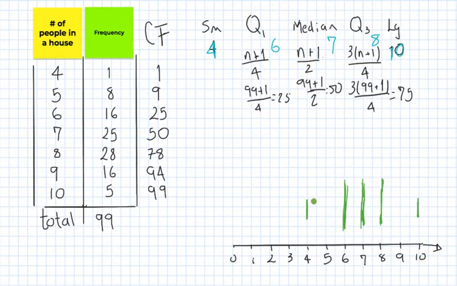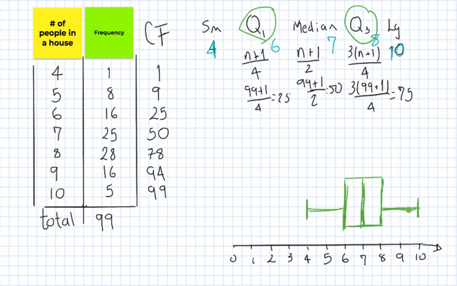Okay, so remember that this is a box, and the box represents the values that have 50% of the data, and those happen between the Q1 and the Q3. So here we're going to close this, right? And what I'm going to do here is just connect this to this.